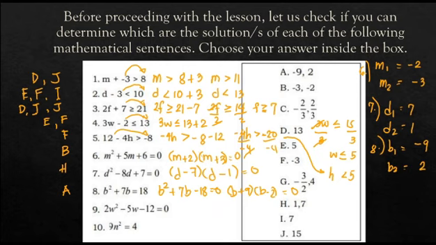Next, we have 2w squared minus 5w plus 12 equal to 0. This can also be factored. So we could use 2w and w. And for the factors of negative 12, we could use positive 3 here and negative 4. So that is 2 times negative 4, that is negative 8w. 3 times w is 3w.